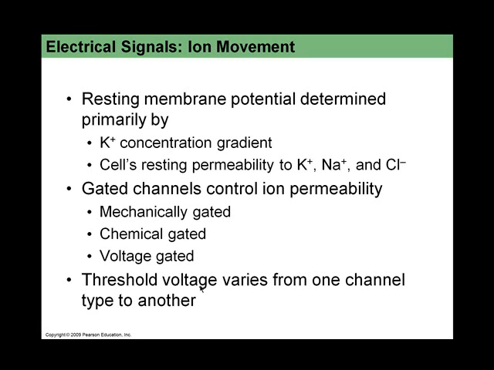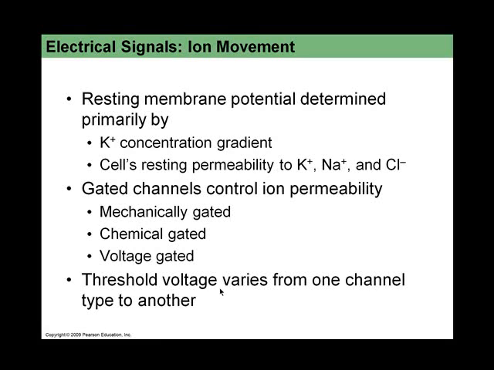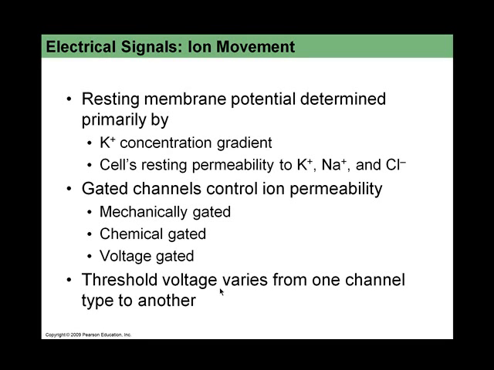So each will have a threshold for opening and maybe a different rate of opening, and in some cases that rate of opening, extent of opening, or the threshold can be modulated. Remember that talk about how the metabotropic receptors can, through their G coupling, affect a nearby membrane ion channel.